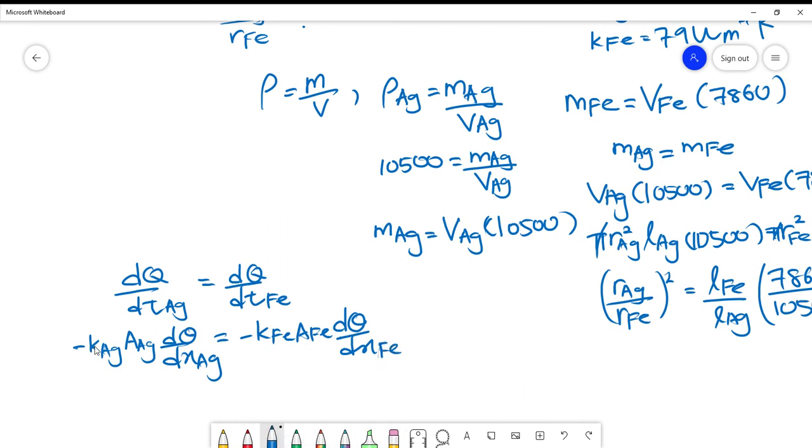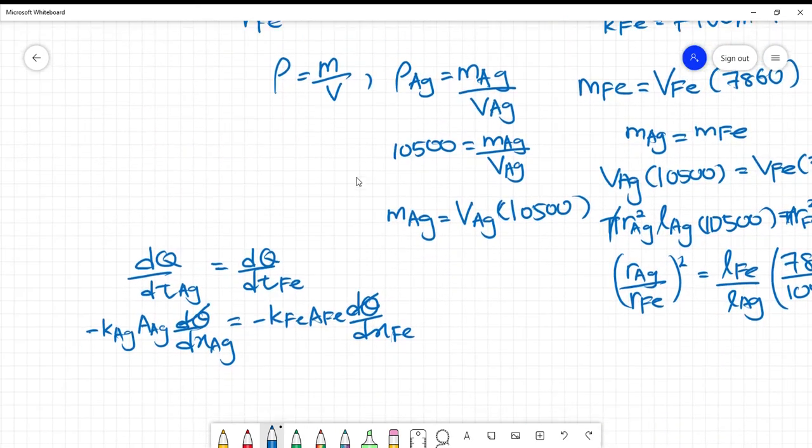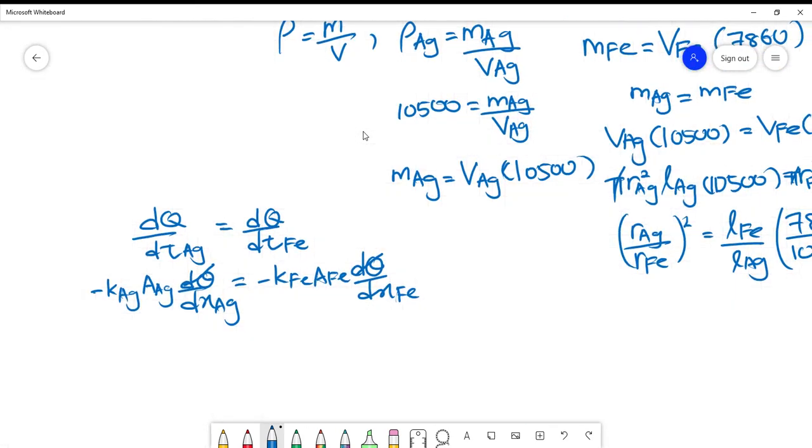Since the difference in temperature for both rods is the same, what we can do is basically cancel both of these.